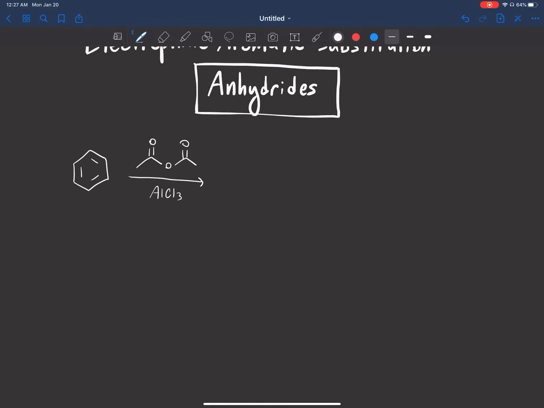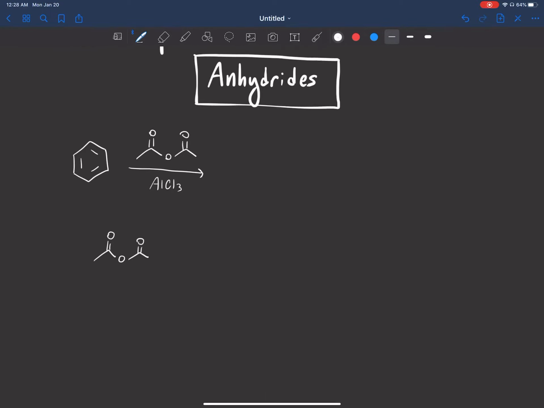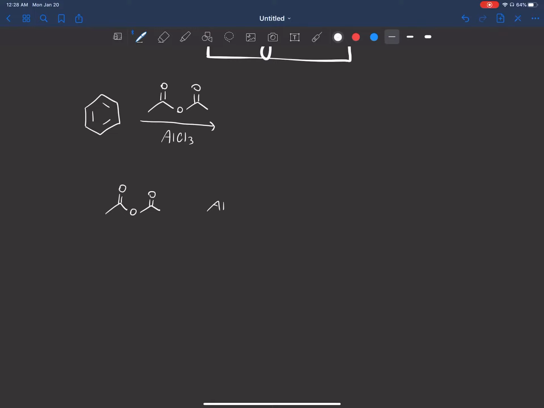All right, so what is the mechanism for this? Here's the first step. Remember, usually when we have this AlCl3, it reacts as a Lewis acid first, right? Remember, a Lewis acid is something that accepts a lone pair. So here's our aluminum, Cl, Cl, and Cl. The first step is the oxygen of one of these carbonyls is going to attack this aluminum.